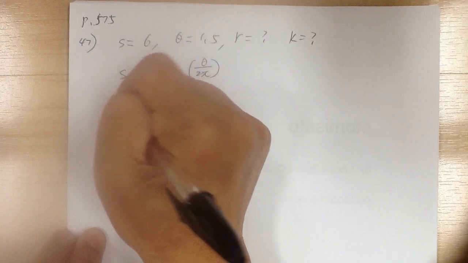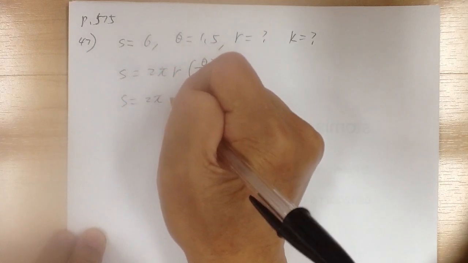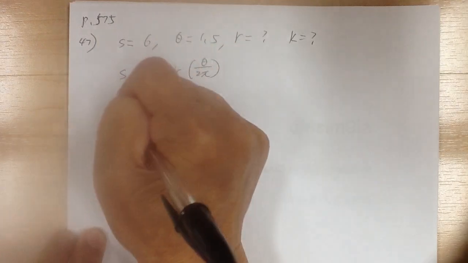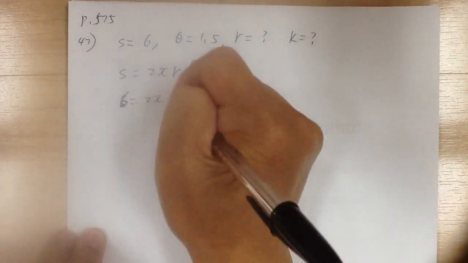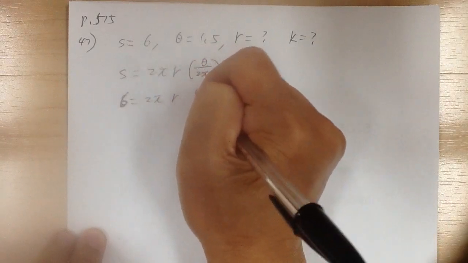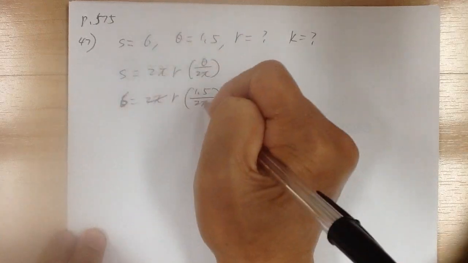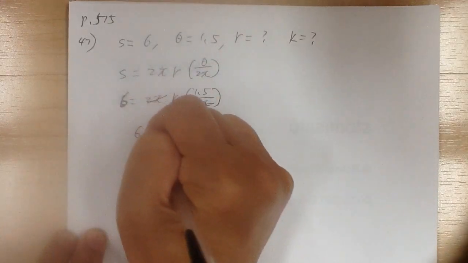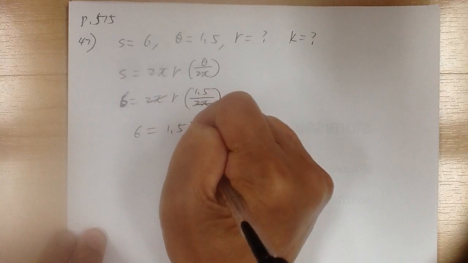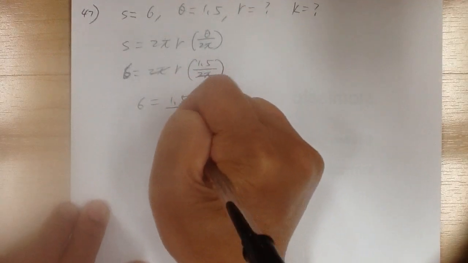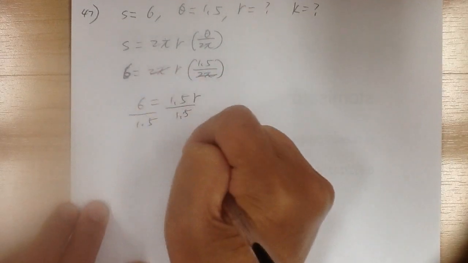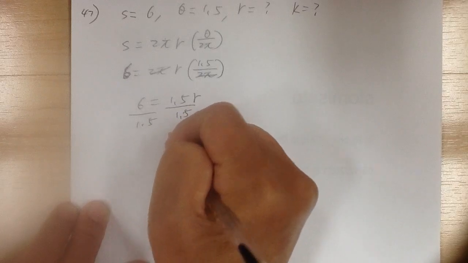So substitute, you got 6 equal to 2 pi times r times 1.5 over 2 pi. So 2 pi cancels with 2 pi, so you got 6 equal to 1.5 r. Divided by 1.5, divided by 1.5, so r equal to 4.